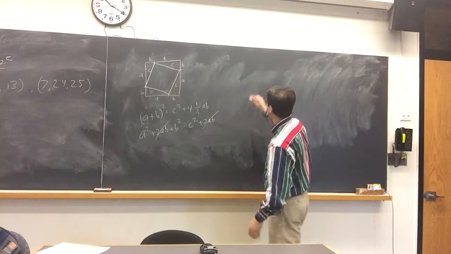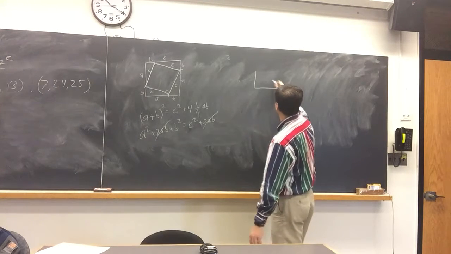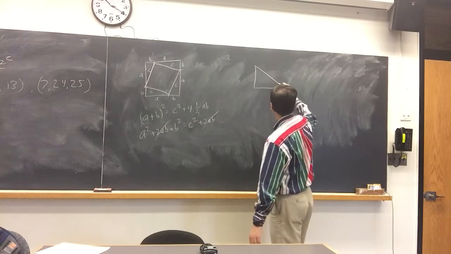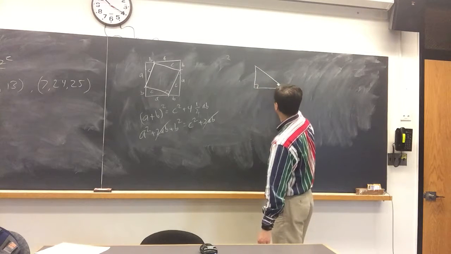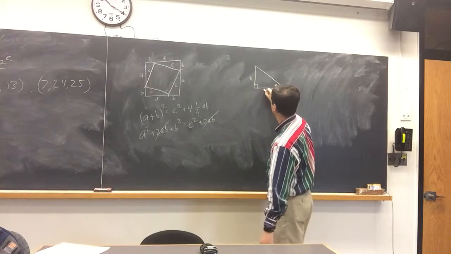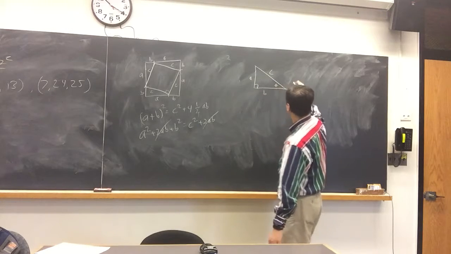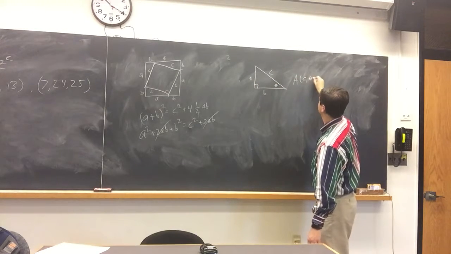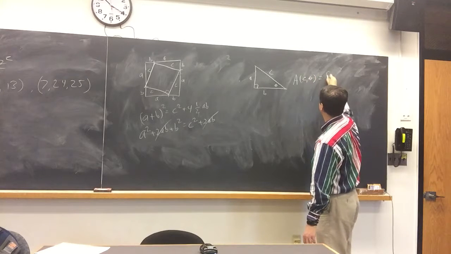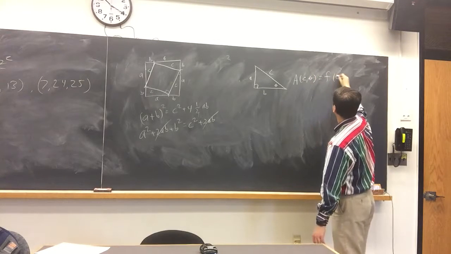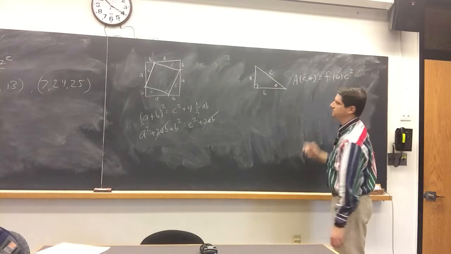The other proof, which I like, introduces a really nice concept. Imagine I have a right triangle and an angle theta. I claim the area must be of the form some function of theta times c squared.